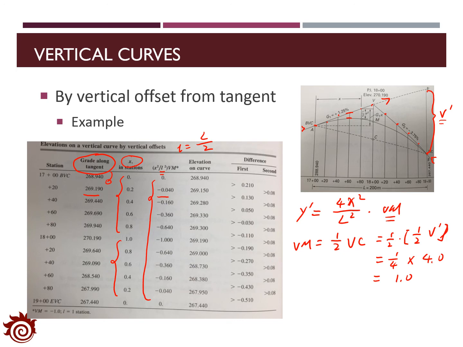So for example, for station 17 plus 20, the elevation is 269.19 minus 0.04, that is 269.15. So that's the way for us to use the vertical offset for the vertical curve design.